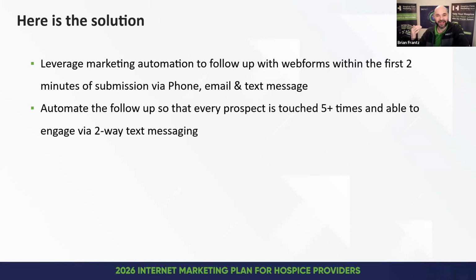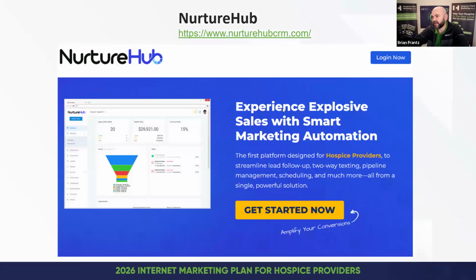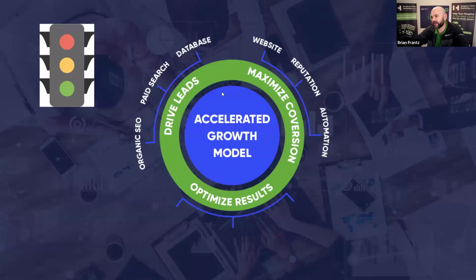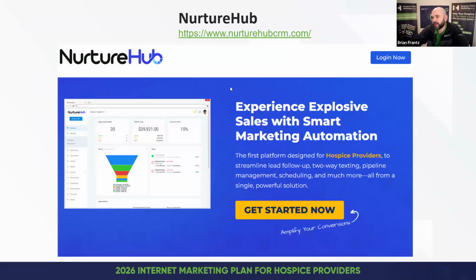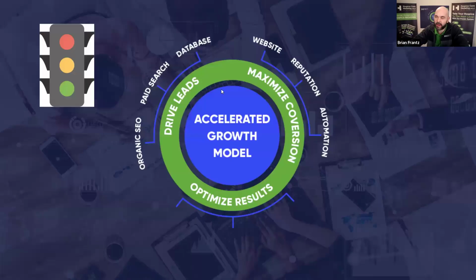If you think about how many touches it takes to make a sale, it's 5+, right? Over 5 touches. So we're taking some of that off of your plate. Okay. And yeah, we have our CRM that takes care of that. It's called Nurture Hub.